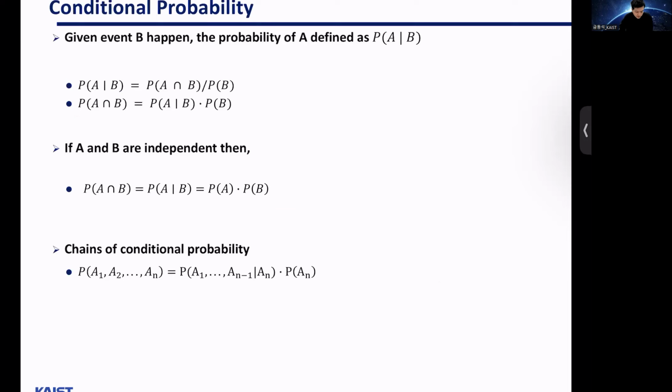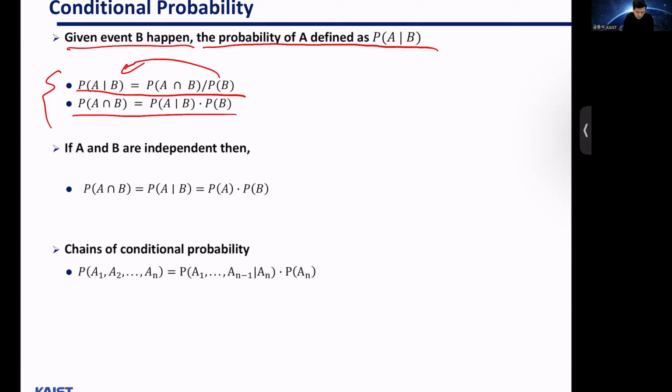So let's move fast to the next slide. Conditional probability: given that event B happened, the probability of A is defined as P of A given B. And P of A given B equals the probability of A intersection B divided by the probability of B. By moving this over to this side, we can also rearrange that equation and get this second equation, which is the same thing.